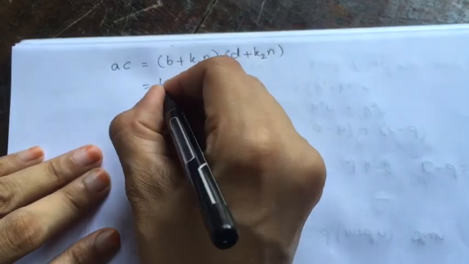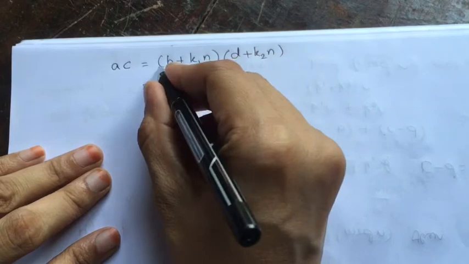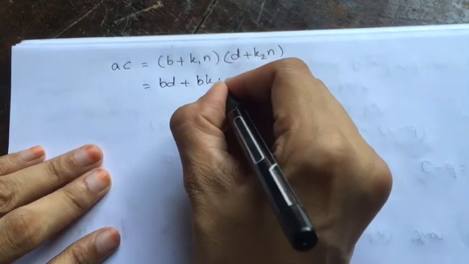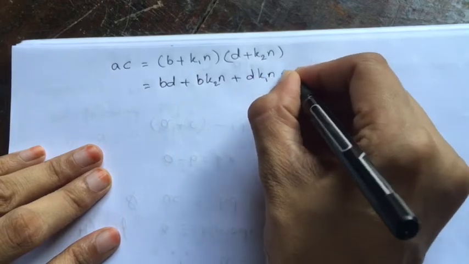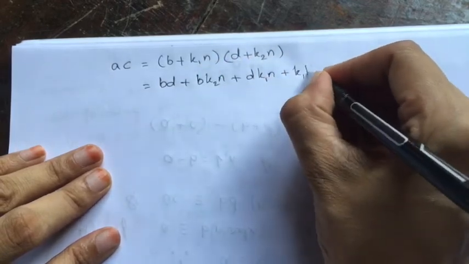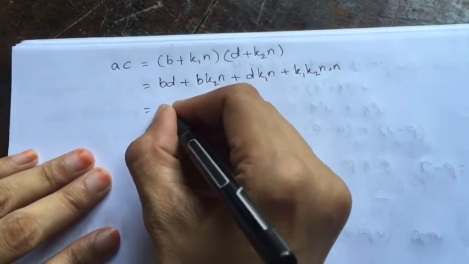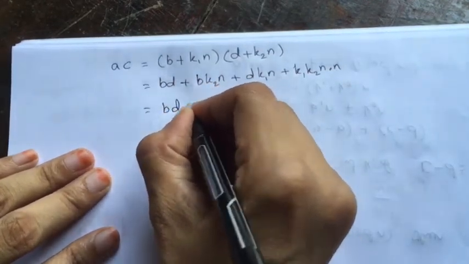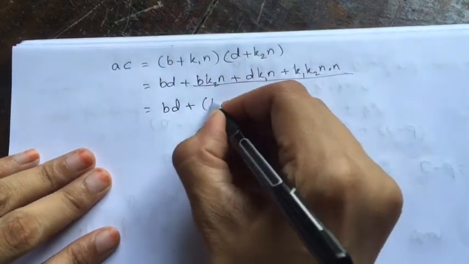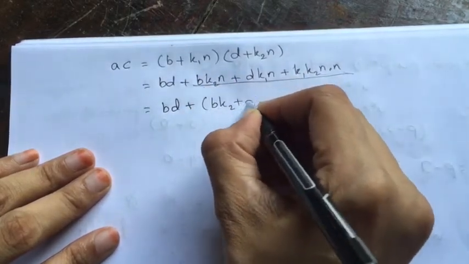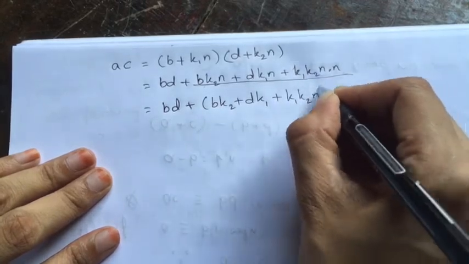Same as writing BD plus BK2n plus DK1n plus K1 K2 n times n. I'll rewrite it as BD plus, taking n common in these terms, n times BK2 plus DK1 plus K1 K2 n.